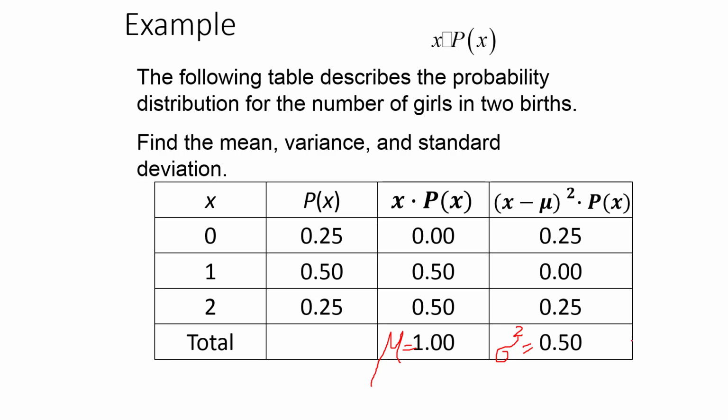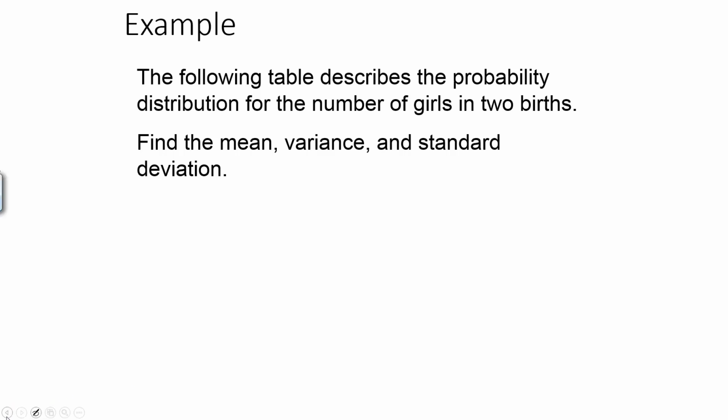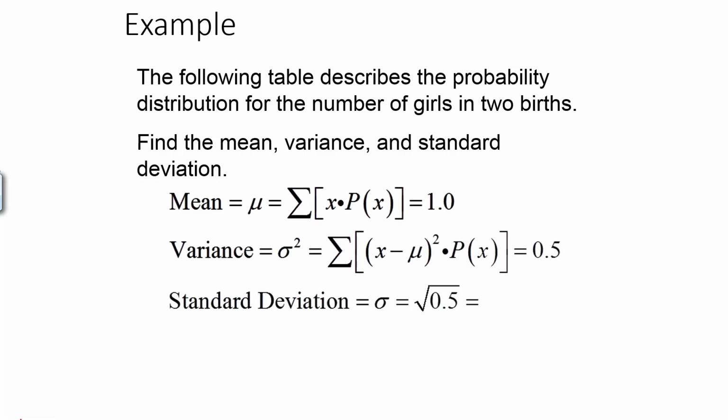Okay, the square root of 0.5 is 0.707. Now, here's the $1 million question. What the heck does that mean? Do you remember what a standard deviation represents? Number of distances away from the mean.